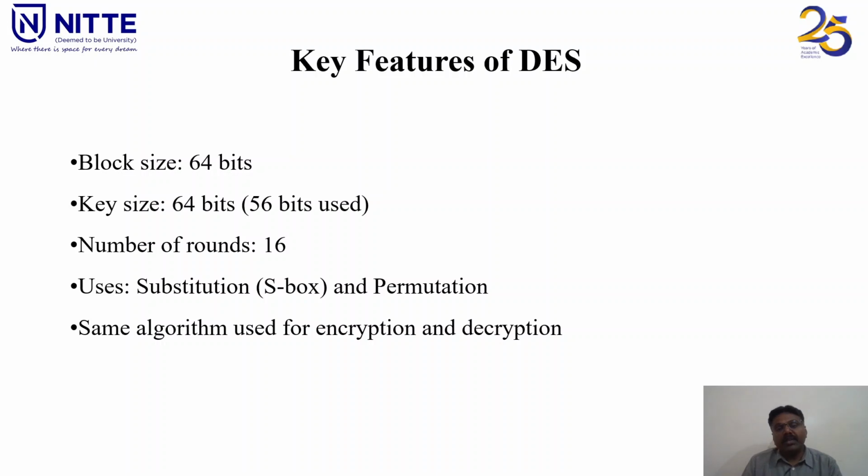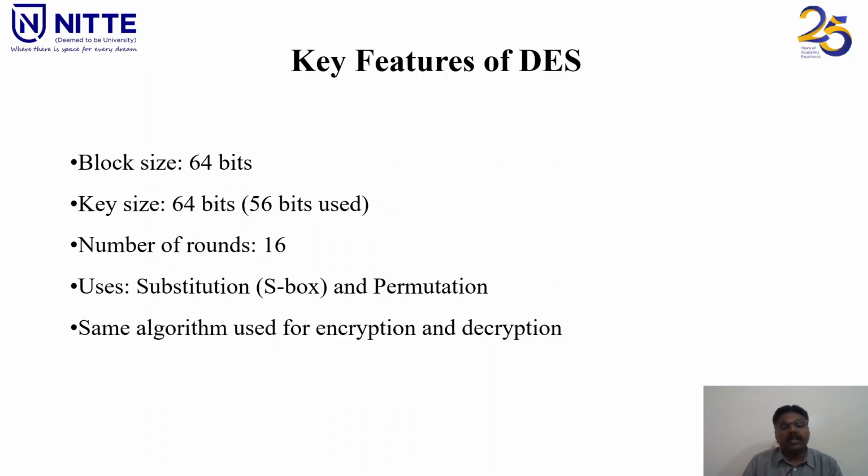The key features of the DES algorithm: it mainly consists of 64-bit blocks. So whatever the message size may be, the entire message will be divided into equal-sized blocks of 64 bits. And the key size, initially we make use of 64 bits, but when it comes to performing the encryption of the block of data, it will be converted into 48 bits.